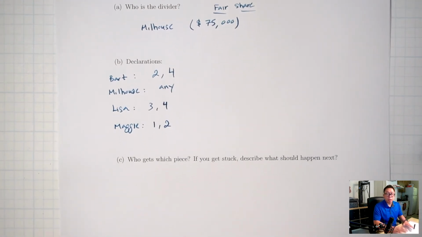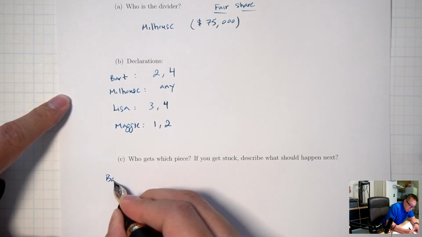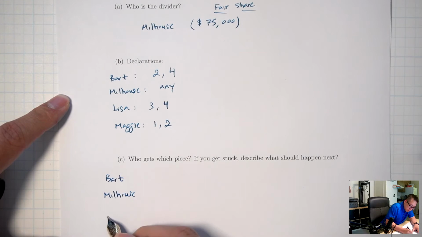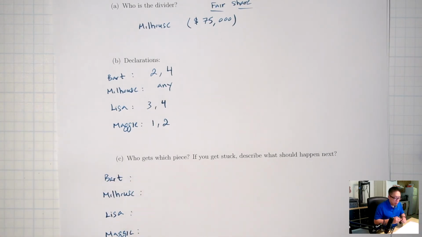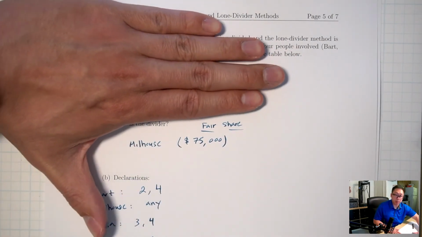Now we try to give each person a piece that they would accept so that everyone's happy. And at this step, don't look at the table anymore. Okay, so forget about the table.